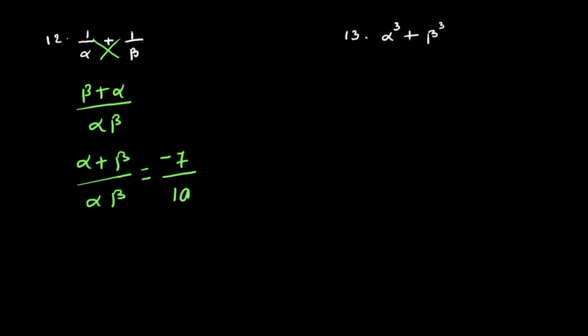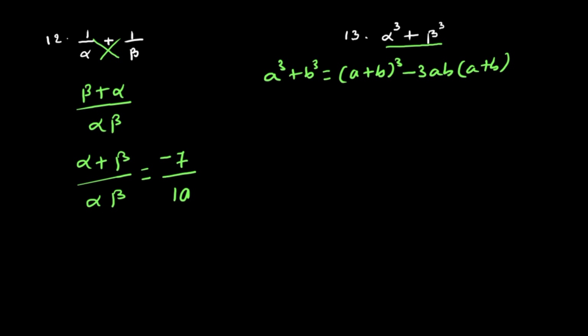Similarly, here you can check alpha cube plus beta cube. Generally the a cube plus b cube formula is a plus b whole cube minus 3ab into a plus b. You can observe that in this formula it is completely a combination of alpha plus beta and alpha into beta.